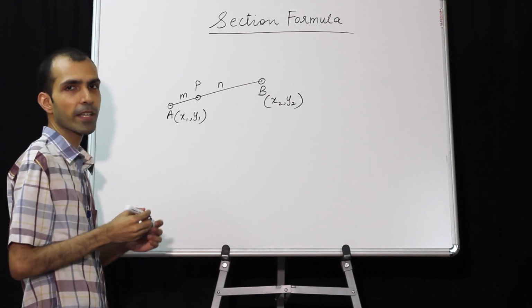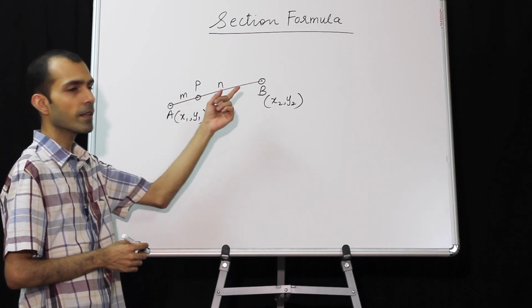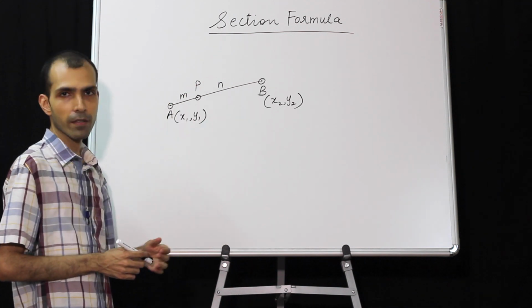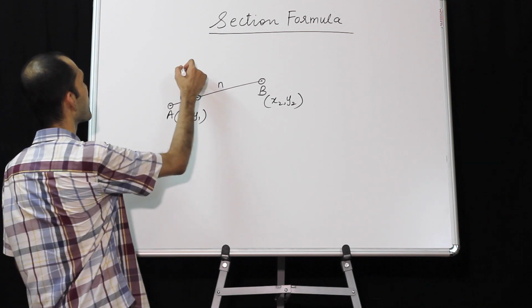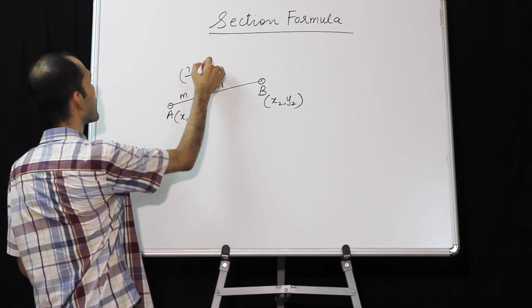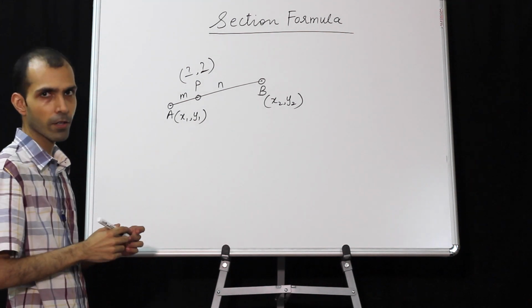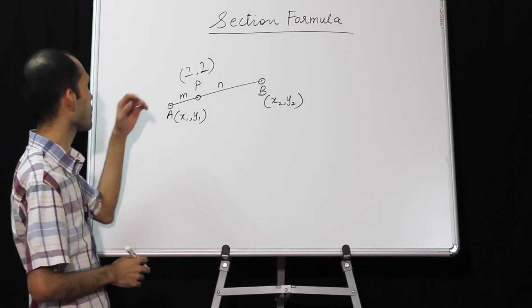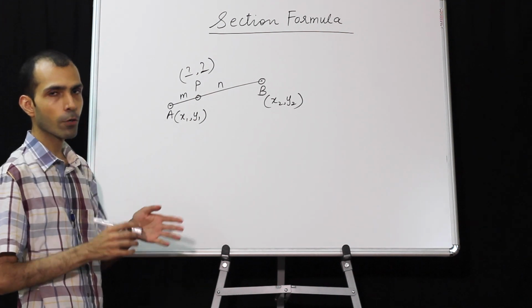Now P is a point which is dividing segment AB in the ratio m:n. So we need to find the coordinates of point P. So P will have two coordinates, x coordinate and the y coordinate. Now before I give you the formula, in case you have forgotten the basics, I will have a quick recap.